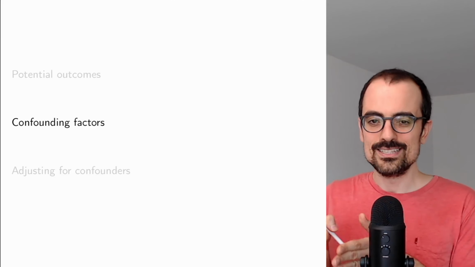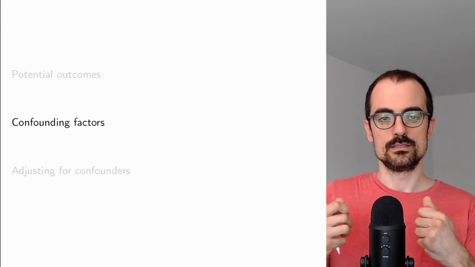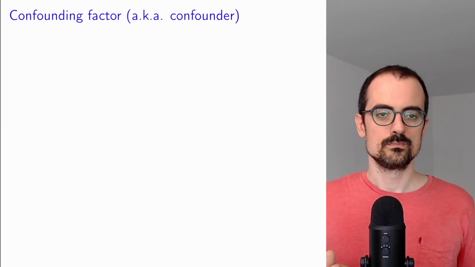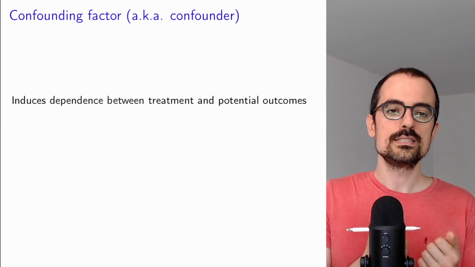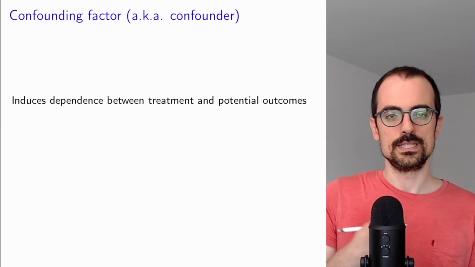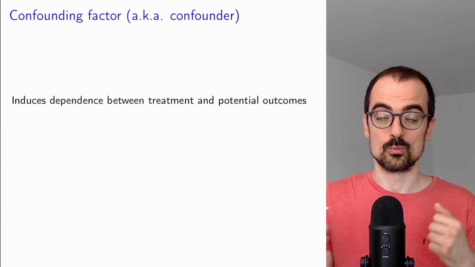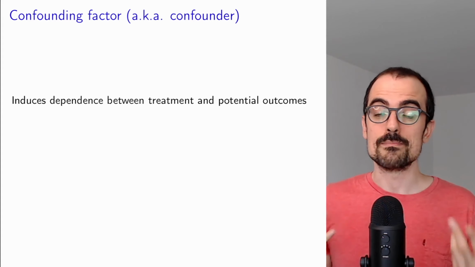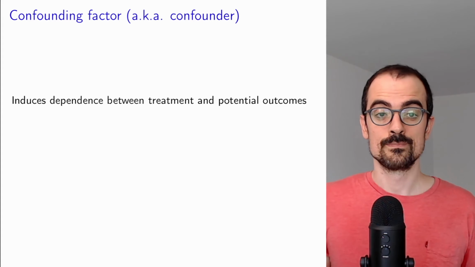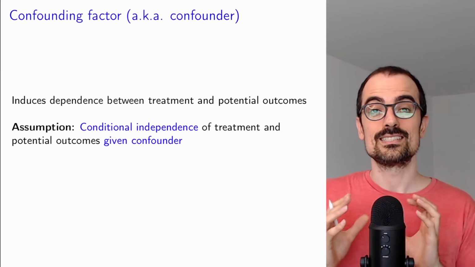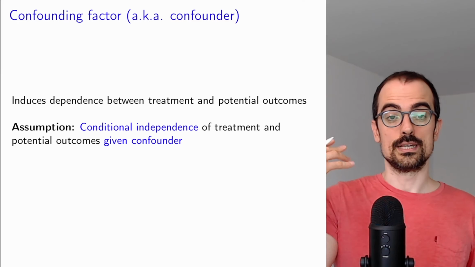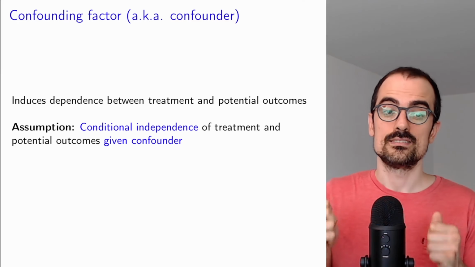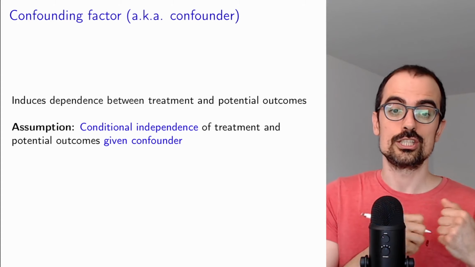Now let's dig into this a little bit deeper by defining confounding factors. Confounding factors or confounders are quantities that induce dependence between the treatment and the potential outcome, which, as we've seen, is problematic to perform causal inference. Here we're going to study a situation where if we condition on the confounder, then the treatment and the potential outcomes are conditionally independent.